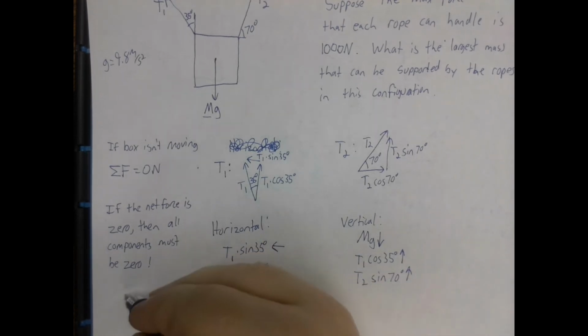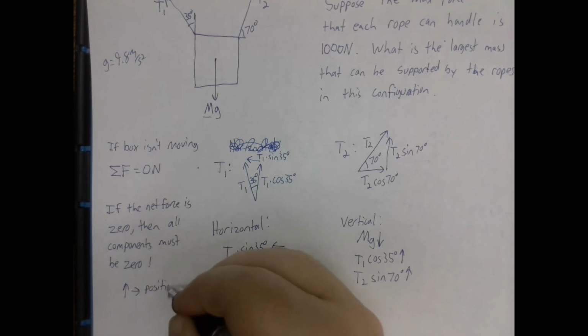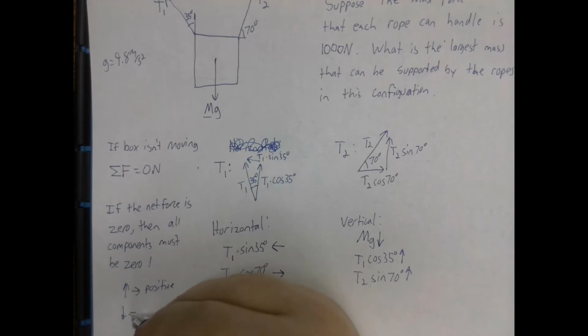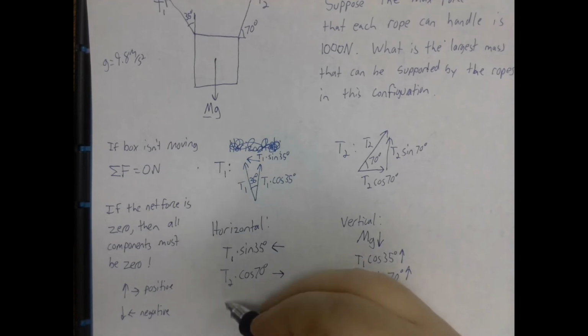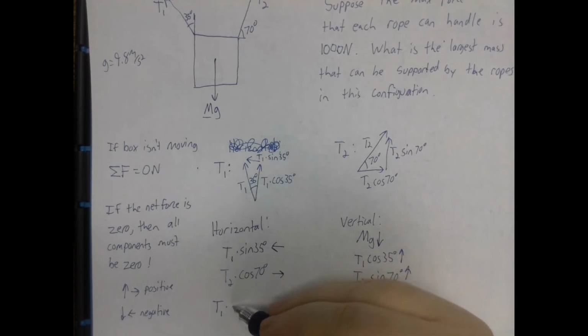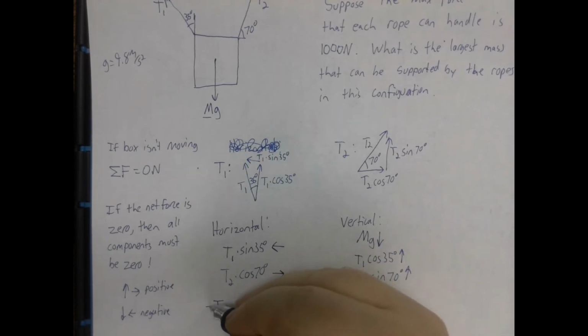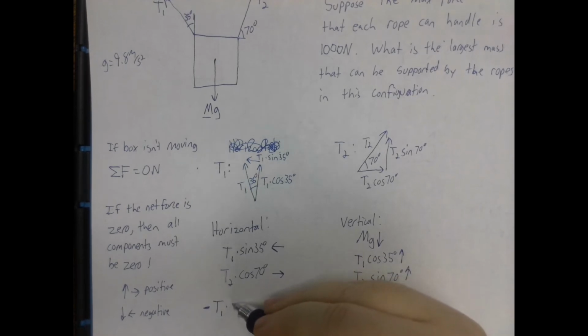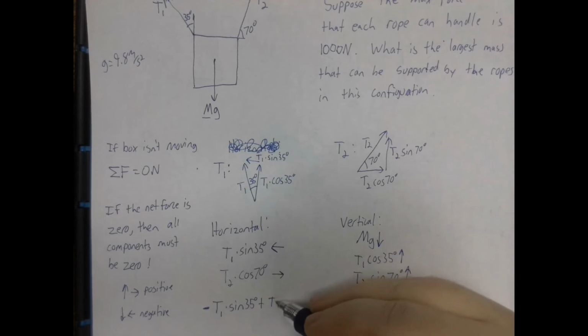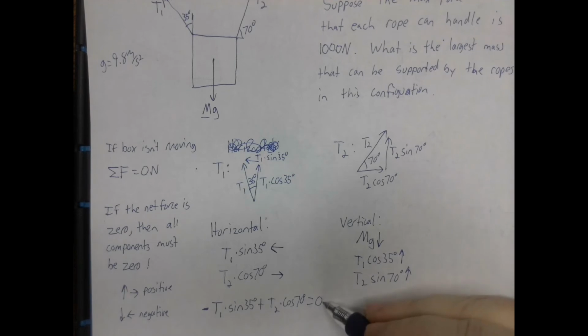So again, letting up and right be positive, and down and left be negative, we can come up with a system of equations. Negative T1 sine of 35 degrees plus T2 times cosine of 70 degrees has to equal 0 newtons.